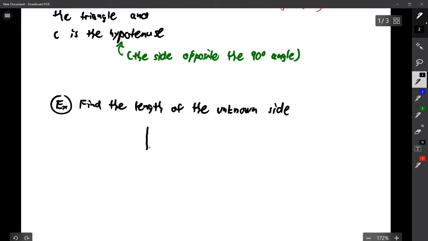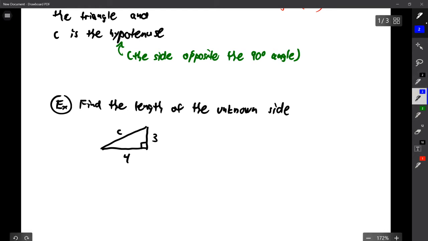The triangles, by the way, can be oriented different ways. Sometimes you'll be able to tell what A and B are, sometimes not. You can always tell what C is because it'll be the one that is marked with the right angle. So let's say we know that this is 3 and this is 4. So in this case, we don't know C.